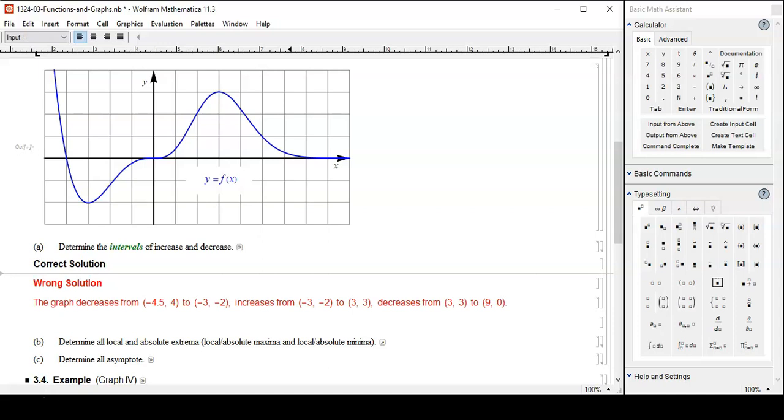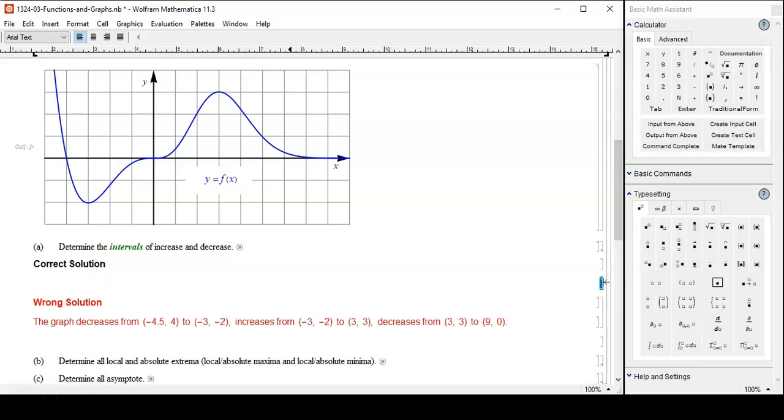Okay, let's go over to a correct solution. Let's answer in terms of interval. The function decreases in the interval about negative 4.5 to x equal to negative 3.